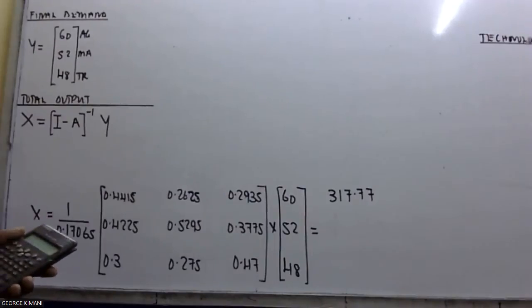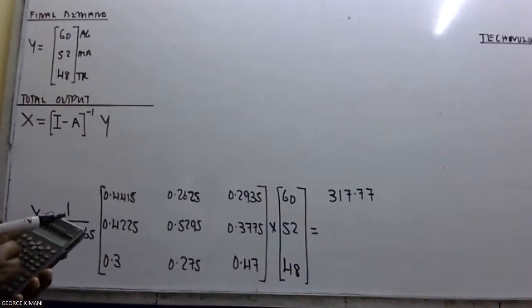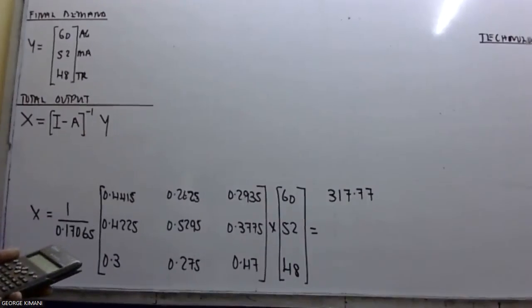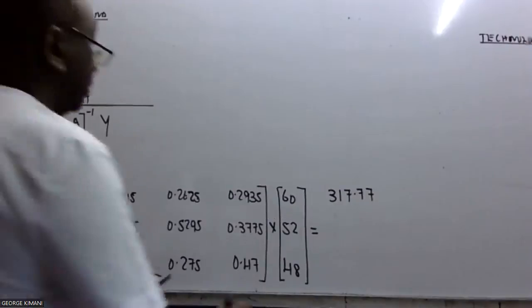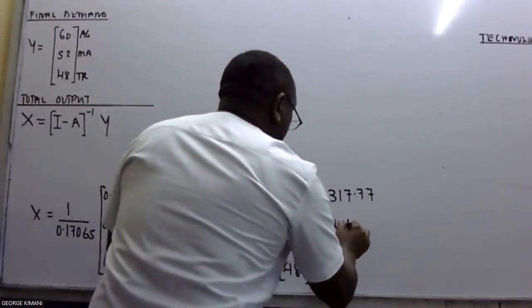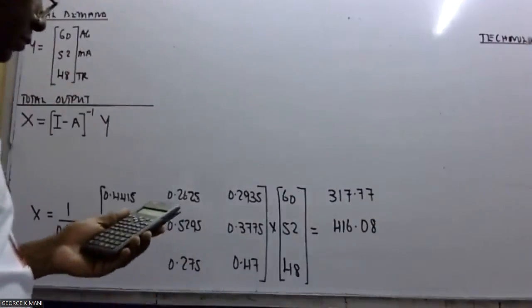Yes, 71.004. Sasa divide by this one, 0.17065. I understand what I'm doing wrong. 0.17065. Okay. I'm getting 416.079. So with two decimals, we can call it 416.08.